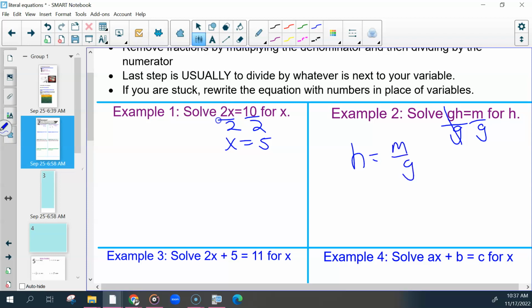So we are not going to have any numbers, but that would be the answer to this equation. If we had numbers to put in, we could figure out what h actually equals, but we don't. Do we have any questions on that one so far?